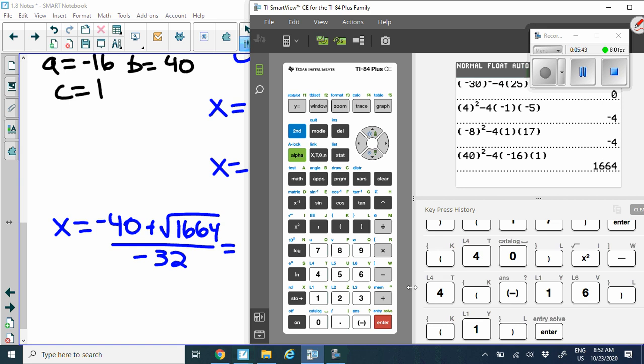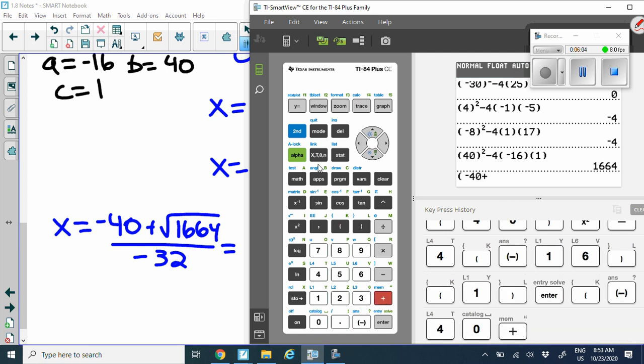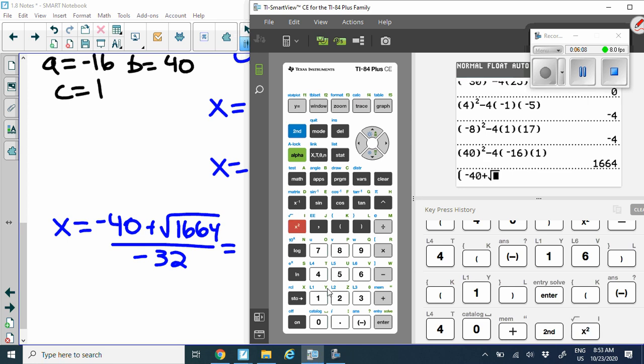So make sure you're doing this where you're using parentheses. If you are using a scientific calculator, then you will have to use a lot of parentheses, okay? So let me kind of just use that because I know a lot of you have a scientific calculator. So here we're going to have our parentheses. We're going to have negative 40 plus, then we're going to do our square root of 1664.